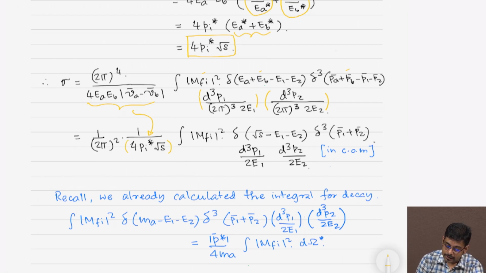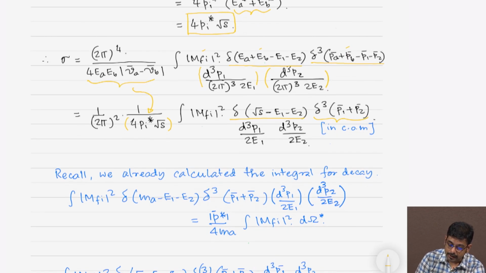Inside the integration, the delta function of Ea plus Eb minus E1 minus E2 turns out to be, with Ea star plus Eb star being square root of S, delta of square root of S minus E1 minus E2. So, this is the delta function on the energy. Just because Pa plus Pb is equal to 0, delta cube of Pa plus Pb minus P1 minus P2 simply turns out to be delta cube of P1 plus P2. And these 2 pi factors we have adjusted to a whole factor of 1 by (2 pi) squared.